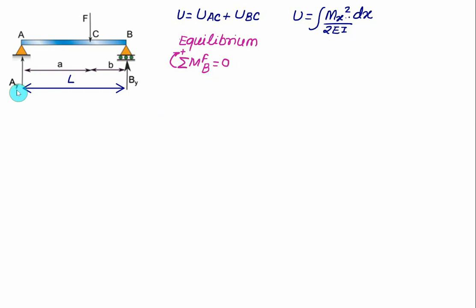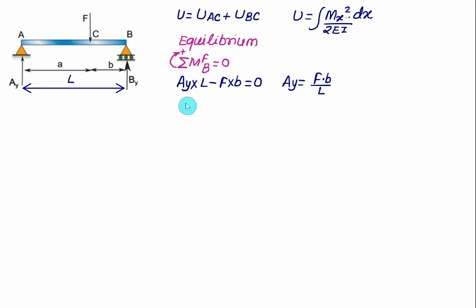Moment of AY about point B is clockwise, clockwise is positive, and we have distance equal to L. So we have AY multiplied by distance L. And the moment of the force F about point B is anticlockwise, so negative, F multiplied by B, must equal 0. In this case we get AY equal to F multiplied by B divided by the total length L.